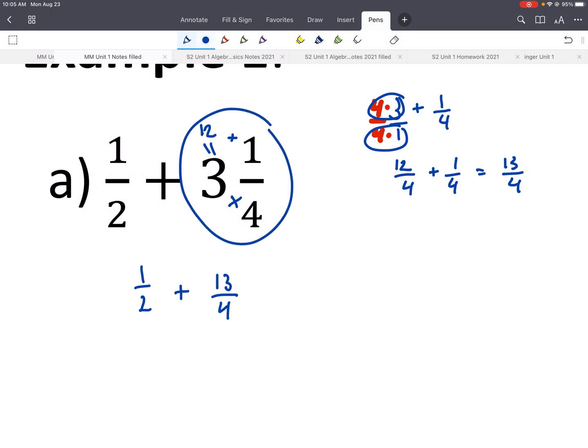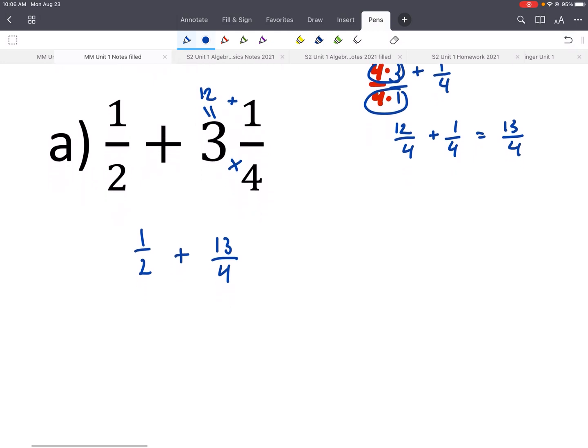This is just kind of like a shortcut way to do that. I don't know if it's a good idea. I think it's kind of important to know how that works. But this does make it go a little faster. So again, we just multiply the whole number by the denominator, and that gives you 12. And then we add those together to give us 13/4. So keep the same denominator.